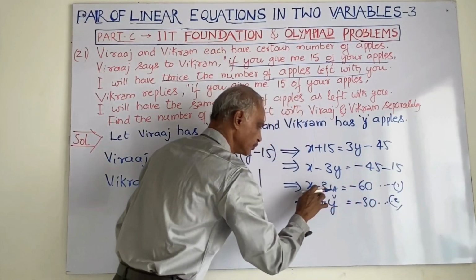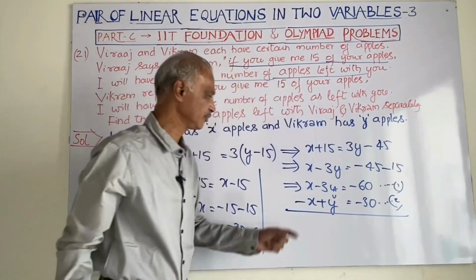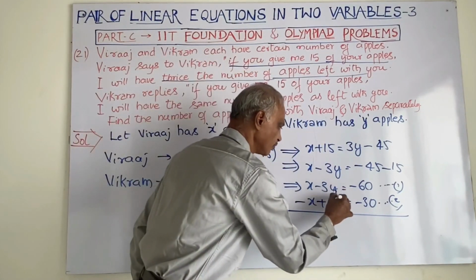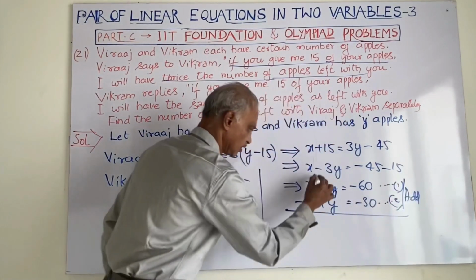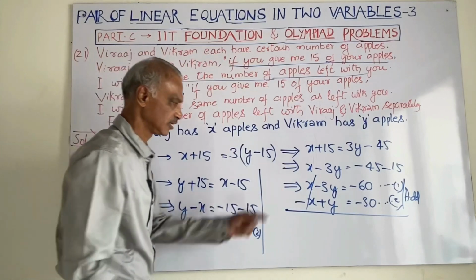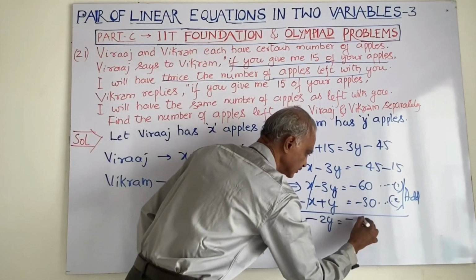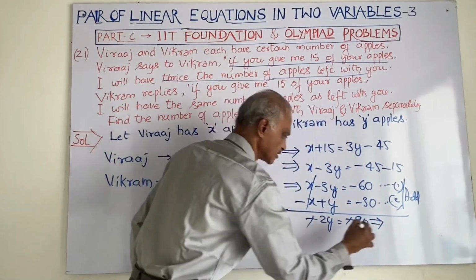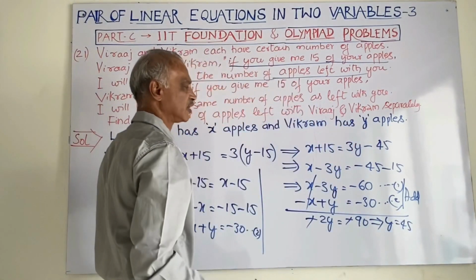We have to add these two equations because we are having plus X and minus X. Adding, plus X and minus X cancel. You will get minus 2Y is equal to minus 90. Minus minus cancel. Y is equal to 45.